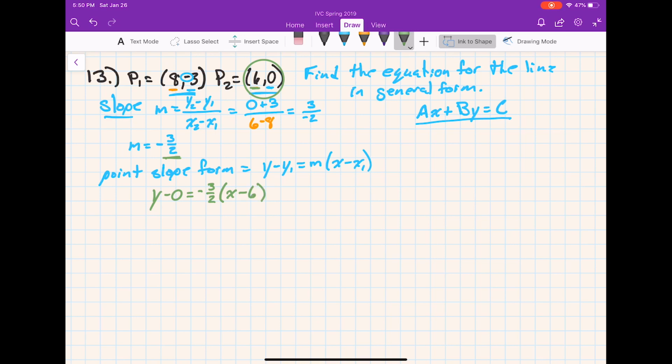Now, we're just going to distribute this negative 3/2, which we're going to come up with a y. And y minus 0 is just y, so just simplify that now. Plus, negative times a negative is a positive, and that's 6.